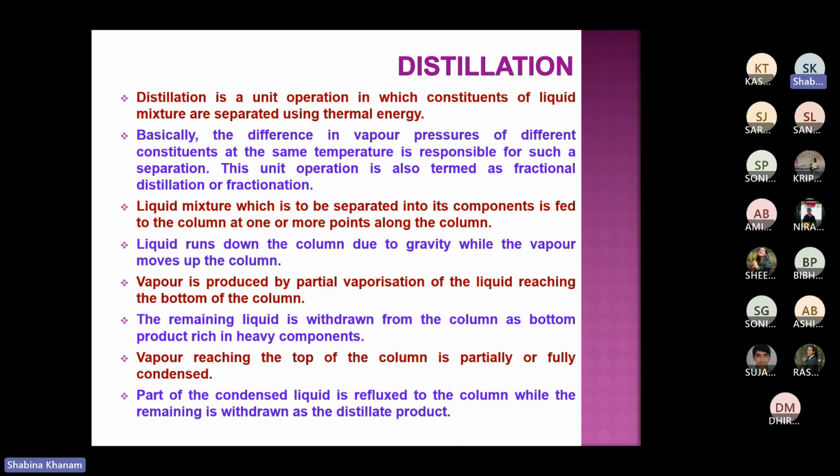Liquid is because of the condenser, and vapor is because of the reboiler. Whatever part of the liquid is returned to the distillation column, apart from that, whatever stream is available after condensation, we consider as the distillate, or the final, or the top product, right? Which is obviously rich in the lighter component, not the heavier component. So like this you have different points about distillation.